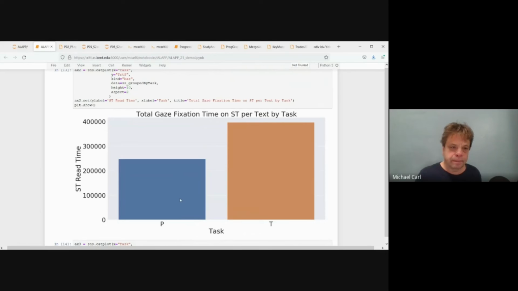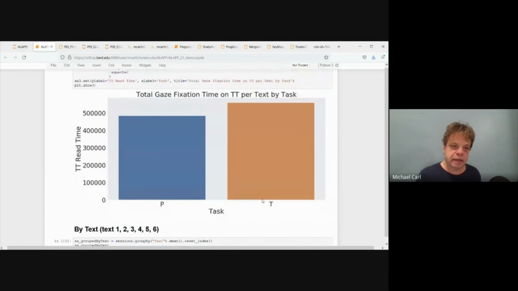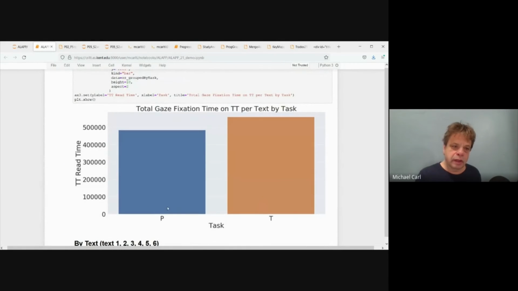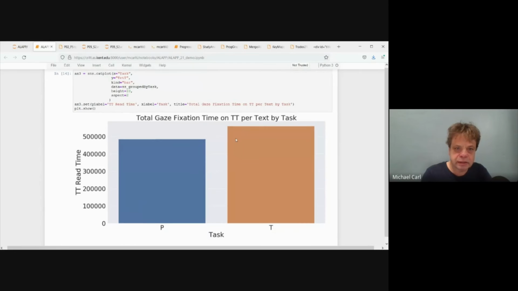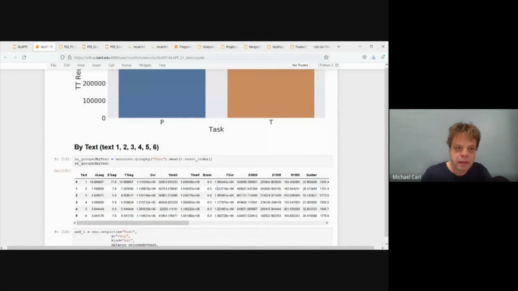Again, source text reading is much less in post-editing than in translation. Here is the gaze time on the target side. And we see that the difference is not as big, right? Compared to the source text, the difference is not as big.